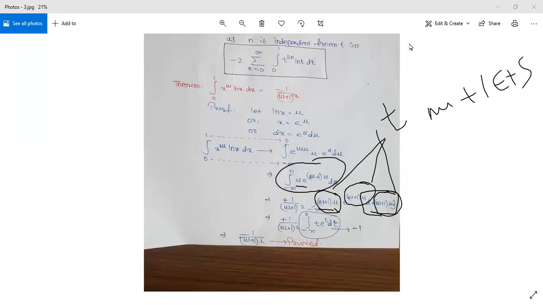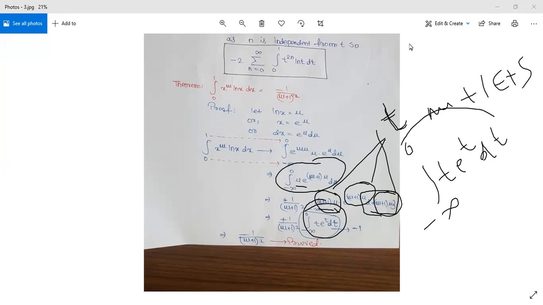When a positive scalar quantity is multiplied with negative infinity, it is still negative infinity, and when multiplied with 0, it is still 0. So there is no change in our limits of integration, and making (m plus 1)u act as an independent variable t again, I can represent this as the integration from minus infinity to 0 of t multiplied with e to the power of t dt.